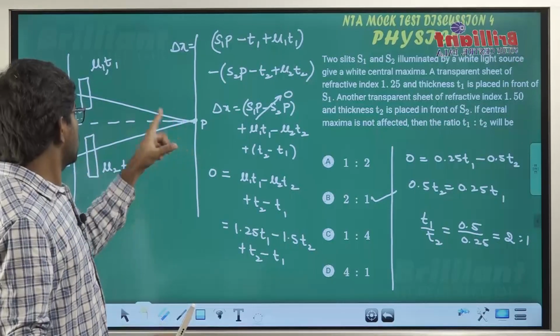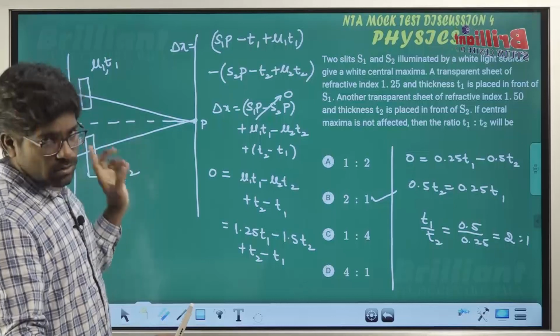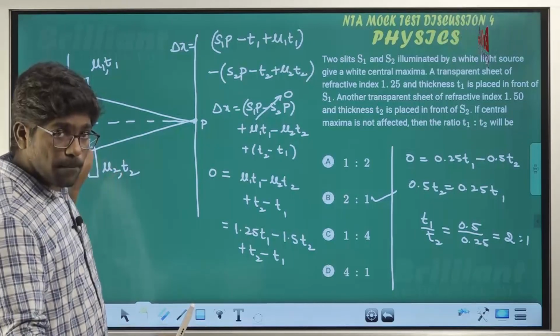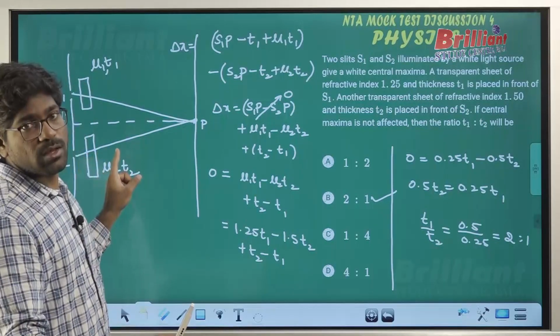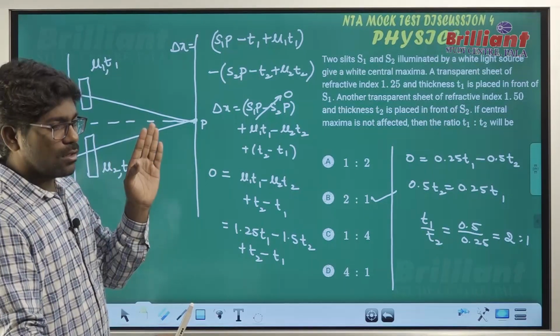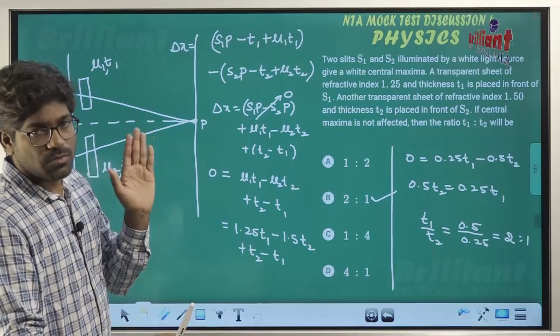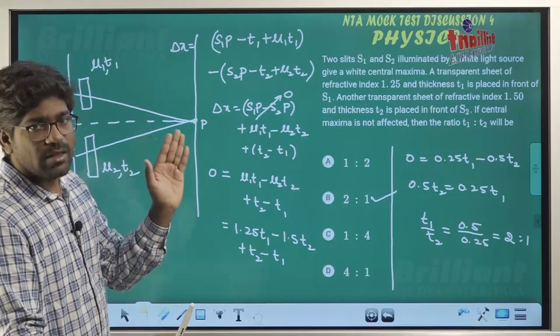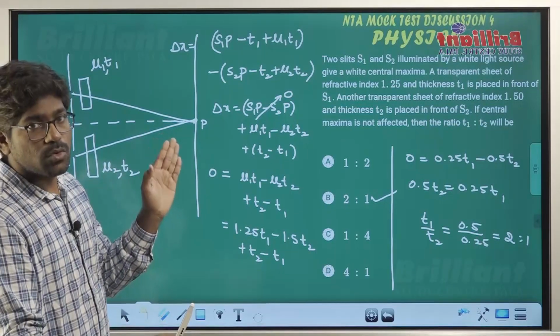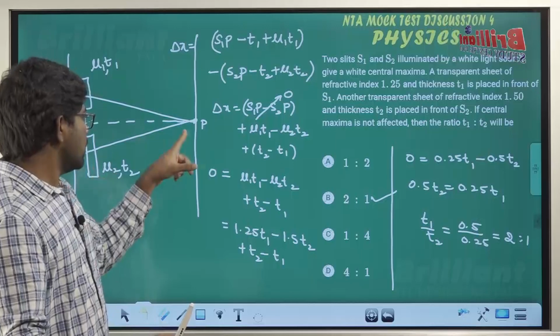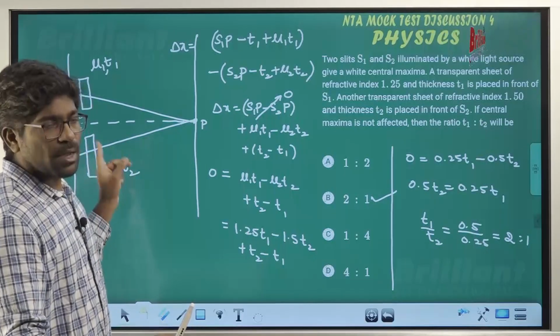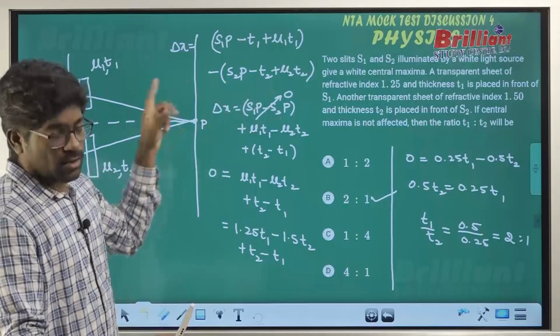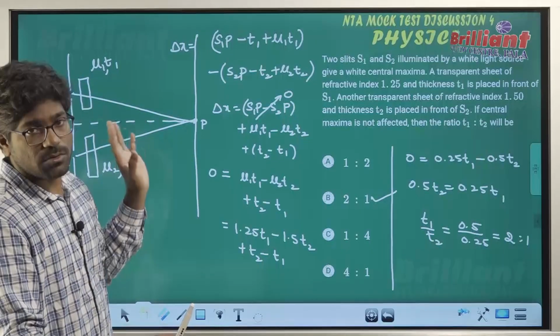Similarly, from here to here, S2p minus T2 plus nu2 T2. Remove the path in the air, that is T2, and add the optical path nu2 T2. So S2p plus nu2 T2 minus T2.